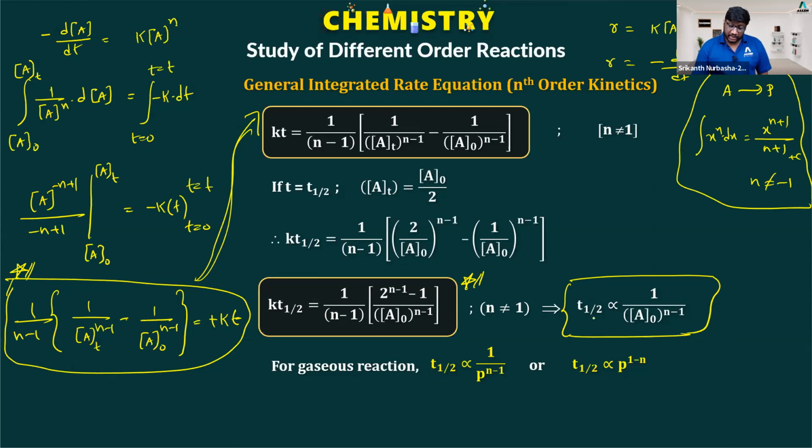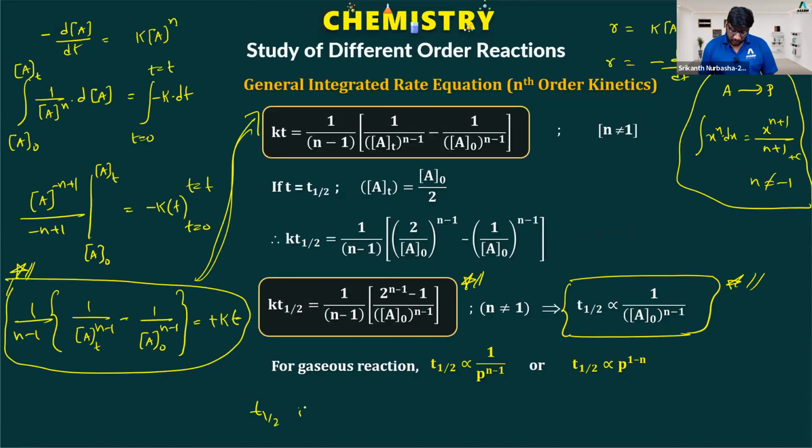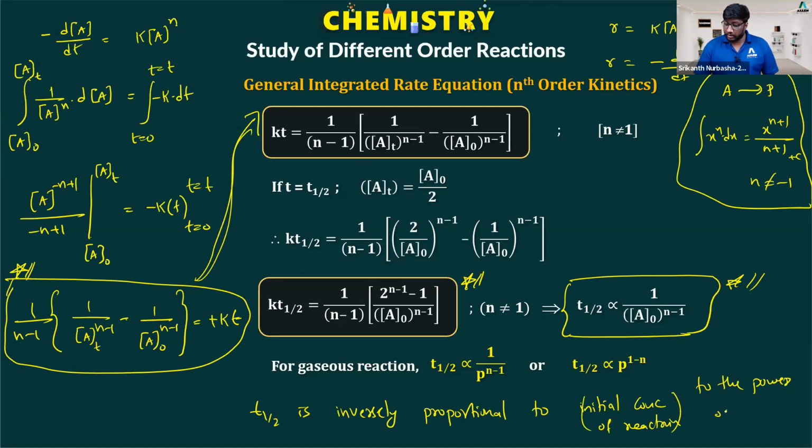So from here, what I can write is t half is directly proportional to 1 by initial concentration power n minus 1, or t half is inversely proportional to initial concentration power n minus 1. This is the relation. What is the relation? T half is inversely proportional to initial concentration of reactant to the power of n minus 1.